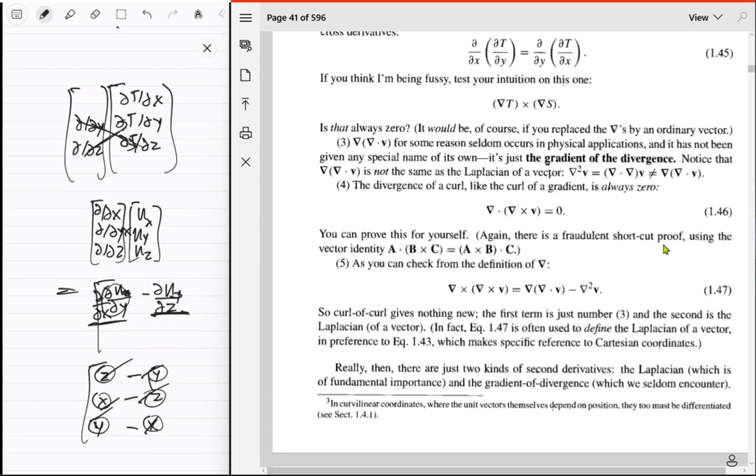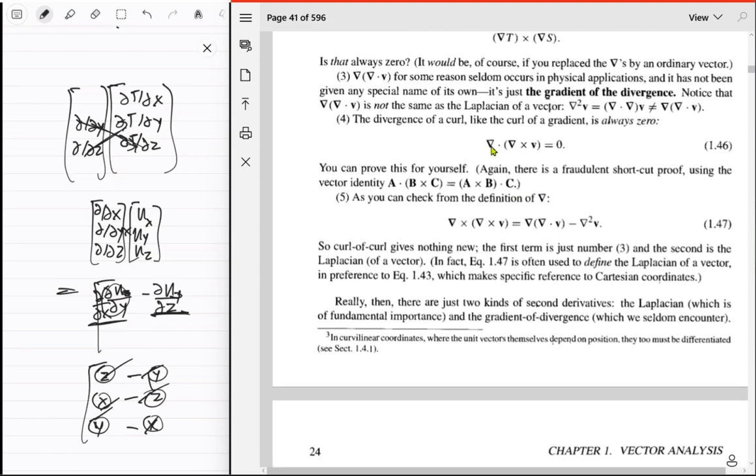Again, there's a fraudulent shortcut proof using the vector identity A dot B cross C is equal to A cross B dot C. What do you mean by fraudulent? Okay, something that doesn't work with del operators, I think. Whatever. As you can check from the definition, del cross (del cross V) is equal to del of (del dot V) minus del squared V. So curl of curl gives nothing new.